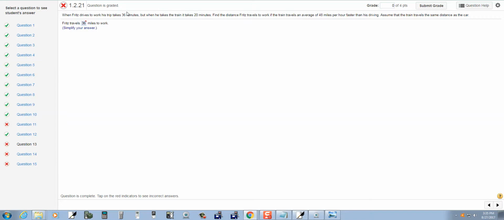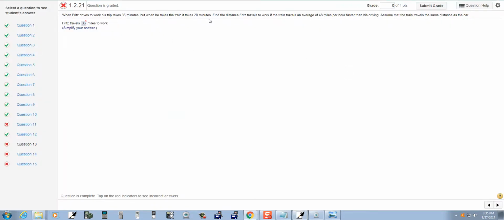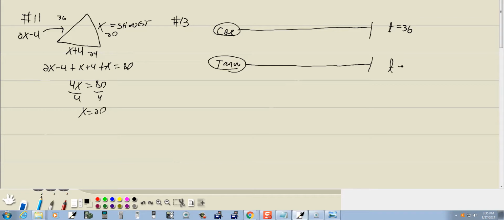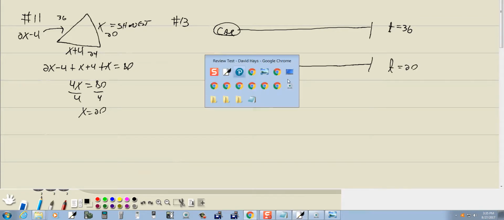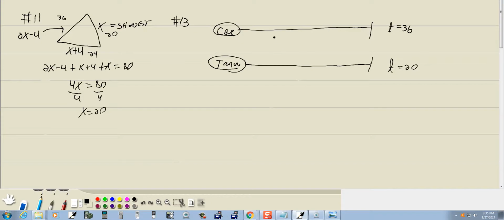When Fritz drives to work, his trip takes 36 minutes. So the t here would be 36. But when he takes a train, it takes 20 minutes. So the t here would be 20 minutes. Find the distance Fritz travels to work if the train travels an average of 48 miles per hour faster than his driving.